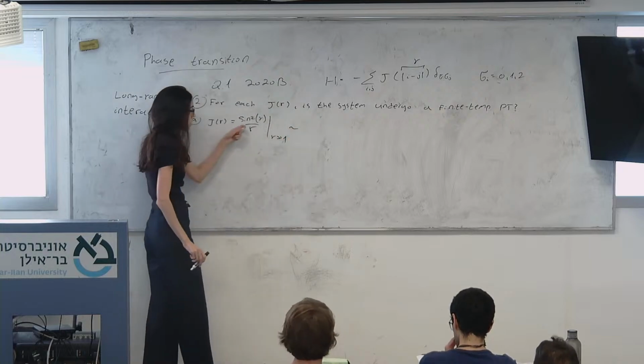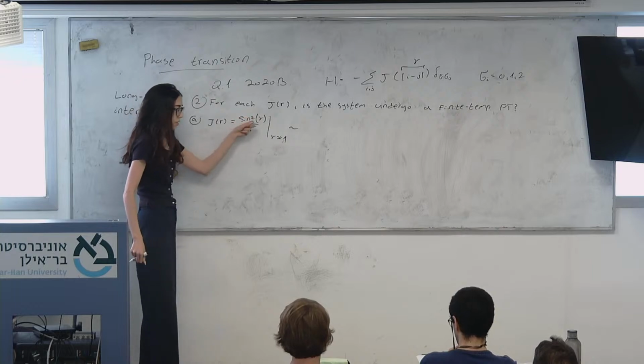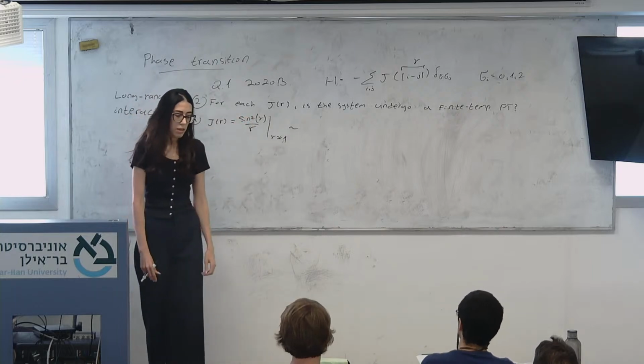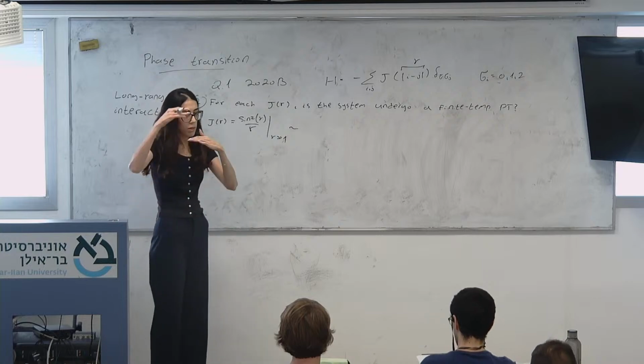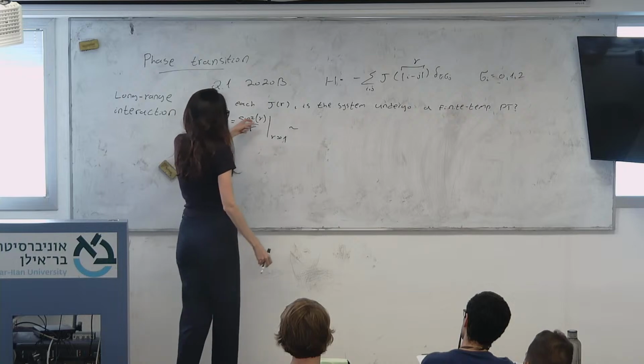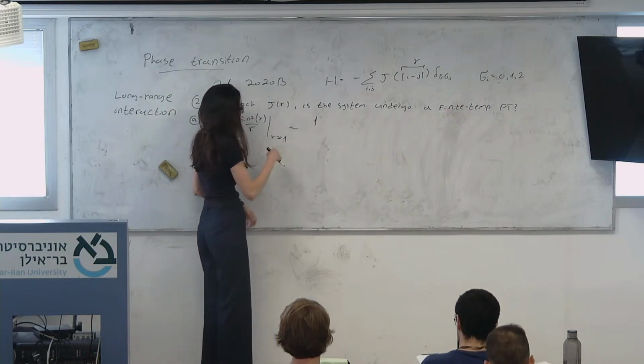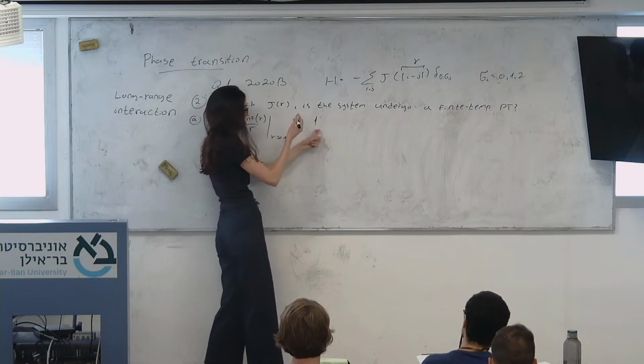So sine squared is just going to be a number. Since the sine is between -1 and 1, the sine squared is going to give us order of 1.